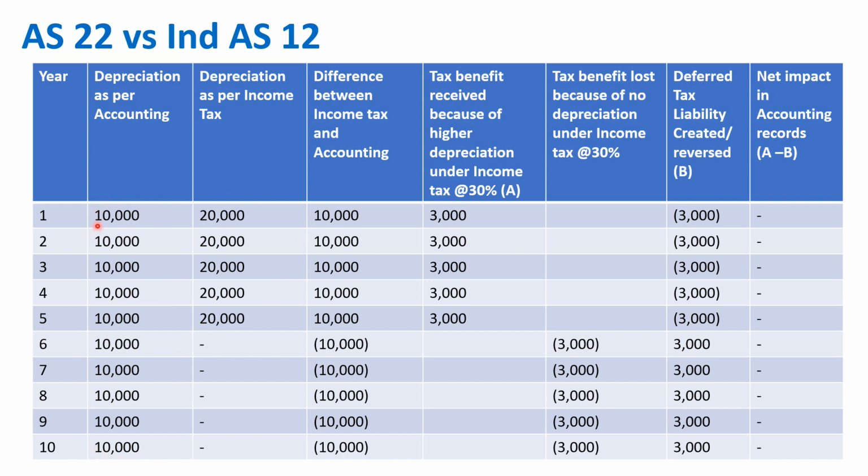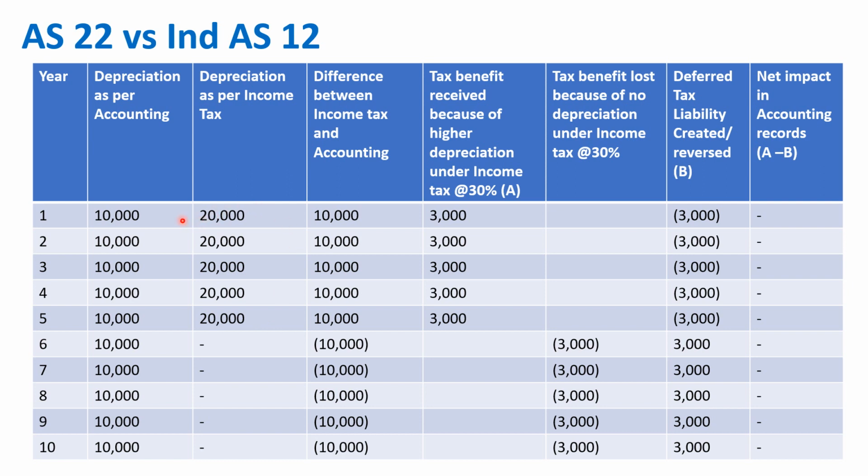As the depreciation is 10,000 rupees per year, the life of the asset is 10 years as per the accounting rules. At the same time, under the Income Tax Act, because the depreciation is 20,000 rupees per year, the asset is completely written off within 5 years. And after 5 years, there is no depreciation claim under the Income Tax Act.